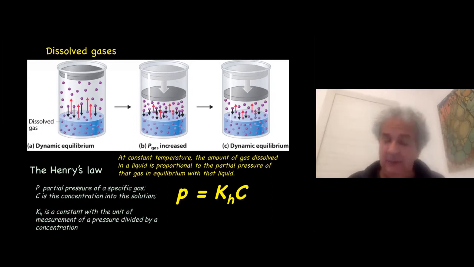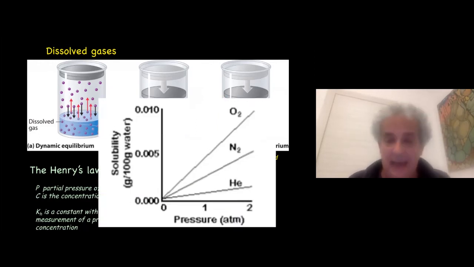And this is the typical Henry's law, where P is the partial pressure of a specific gas, C is the concentration in the solution, and KH is a constant with a unit of measurement of a pressure divided by a concentration. And this is the law that we use to analyze, obviously, the dissolved gases.